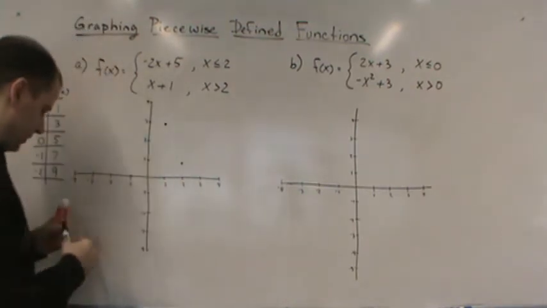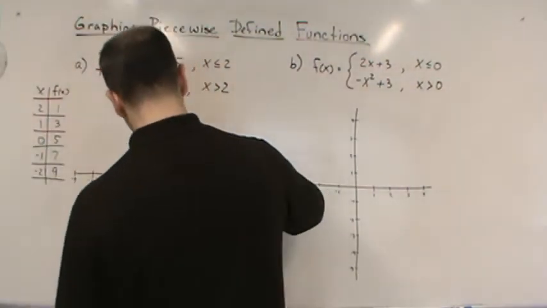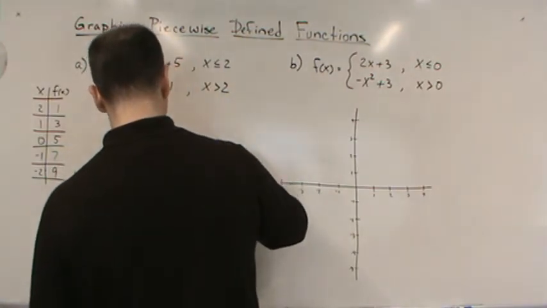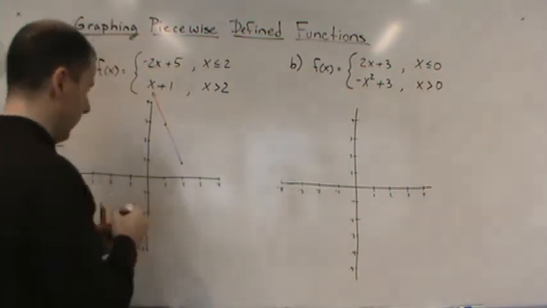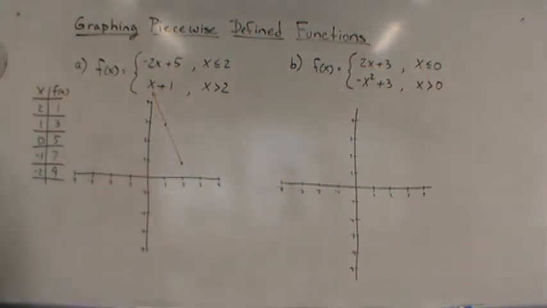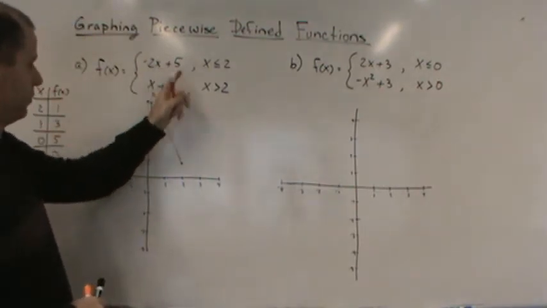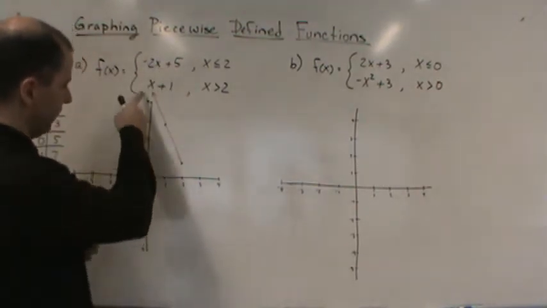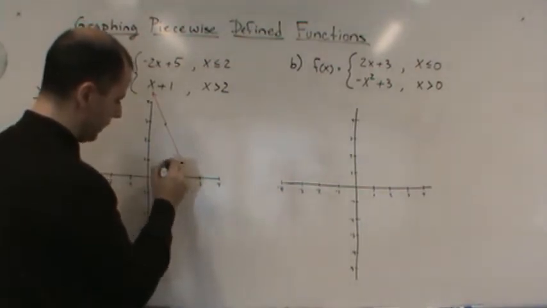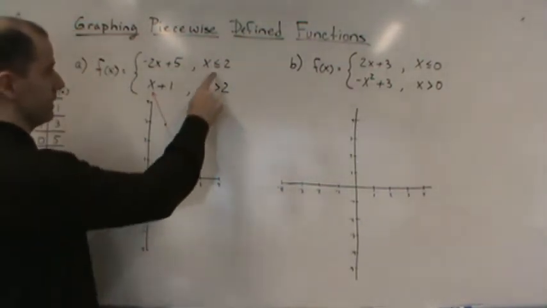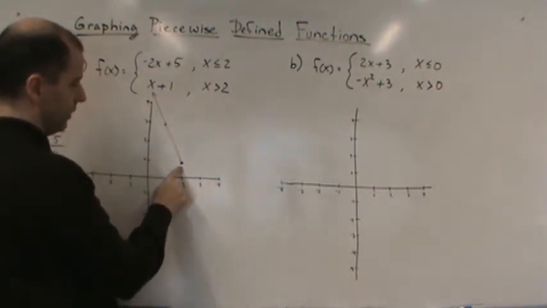Let's plot these here. It's going to do something like that, and it's going to keep going up. It's a straight line, going like this up until 2. Now notice that I'm going to put a solid dot there. Why? Because it's equal. So at 2, it's equal to this.